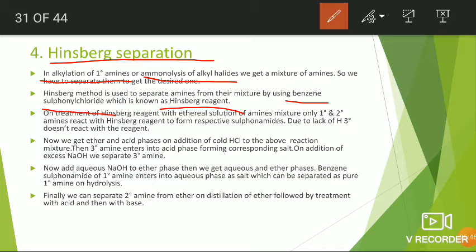Here, the chemical reagent used to react with the mixture is benzene sulfonyl chloride, generally named as Hinsberg reagent, which is used in the Hinsberg separation method. So, by using Hinsberg reagent, that is benzene sulfonyl chloride, we can separate the mixture of amines.